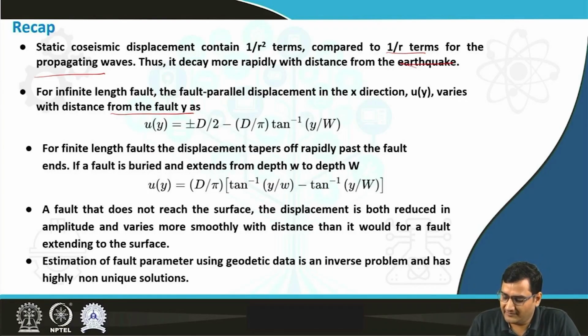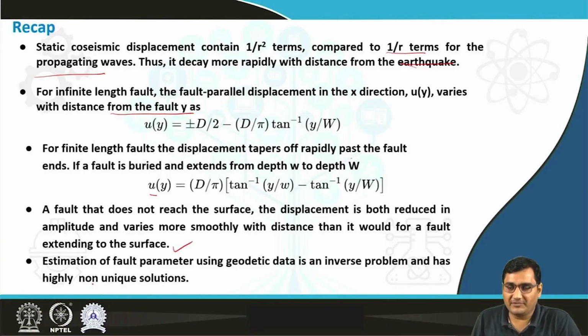It has a depth around small w, and it extends to a depth of about capital W. In that case, the displacement uy will be equal to D by pi in brackets tan inverse y by w minus tan inverse y by capital W. For a fault that does not reach the surface, the displacement is both reduced in amplitude and varies more smoothly with distance than it would for a fault extending to the surface.